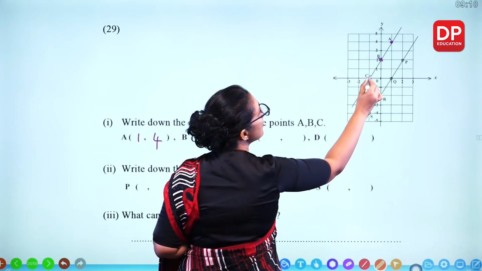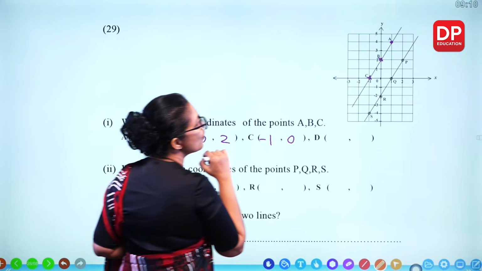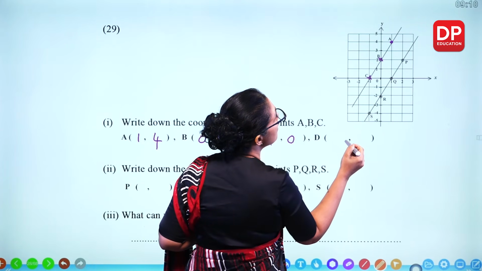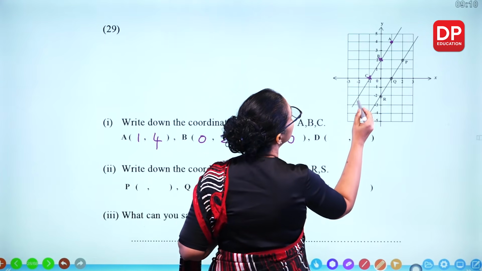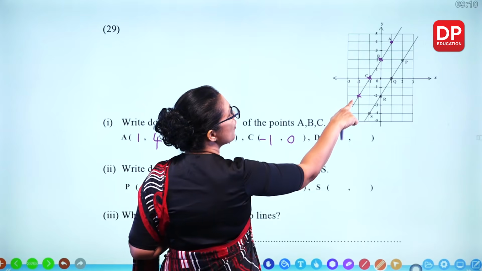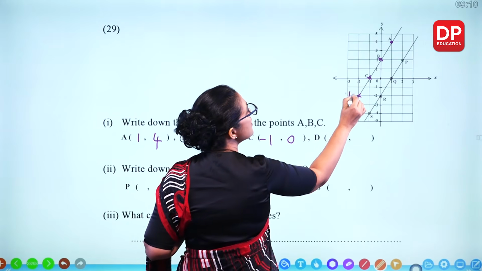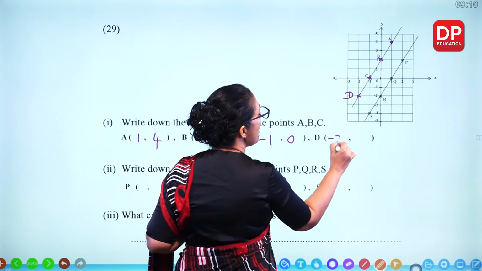C, minus 1 and y value is 0. D, we'll take this one as D. This one? What's the point? So we'll mark it D first. D is (minus 2, minus 2).